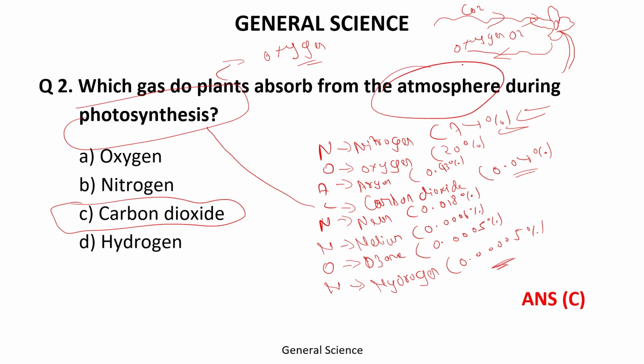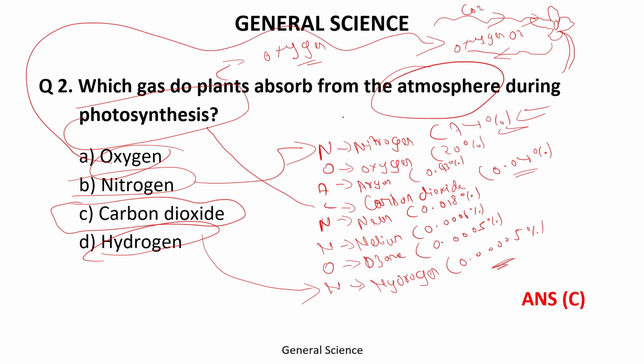So remember these details. The least abundant gas is hydrogen, as we have seen. The most abundant gas is nitrogen, and oxygen is basically provided by the plants.